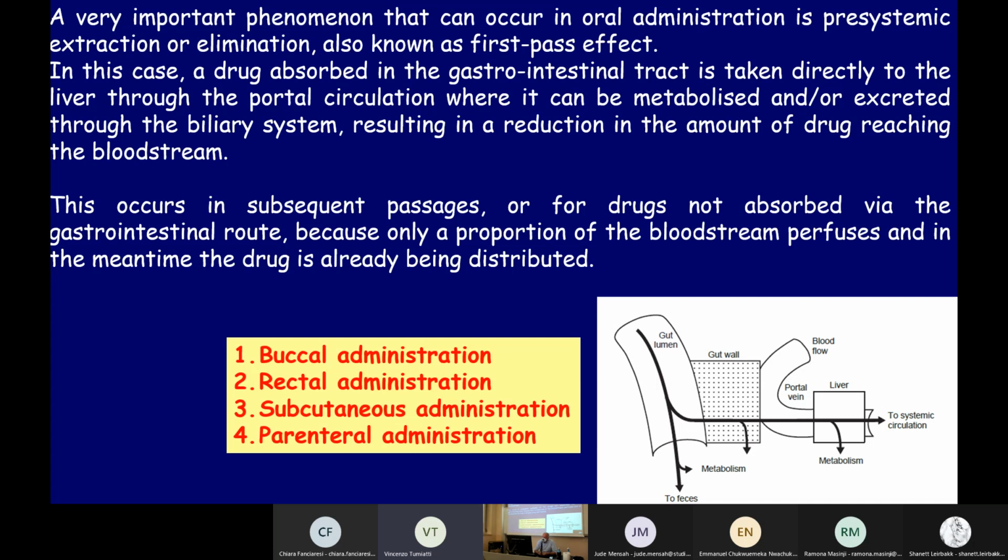And the result is that an important part of this drug will be ineffective. How can we avoid this phenomenon? How can we avoid the first pass effect?